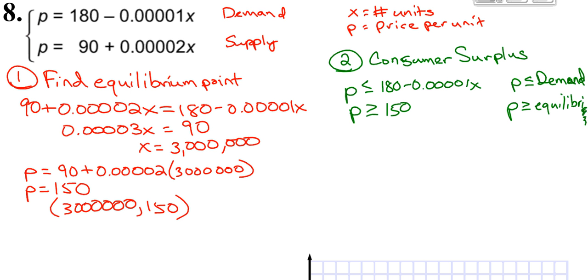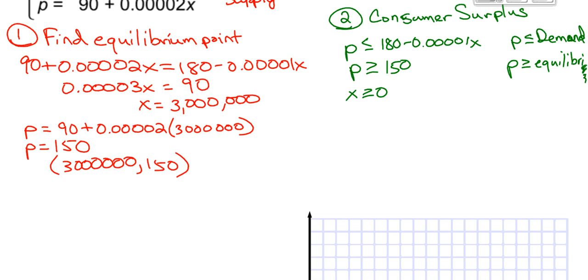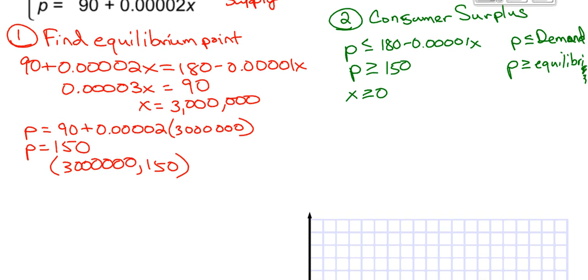And we also want x to be greater than or equal to 0, just because we obviously want to make more of those as we go. That's one part of the graph that we're going to make.